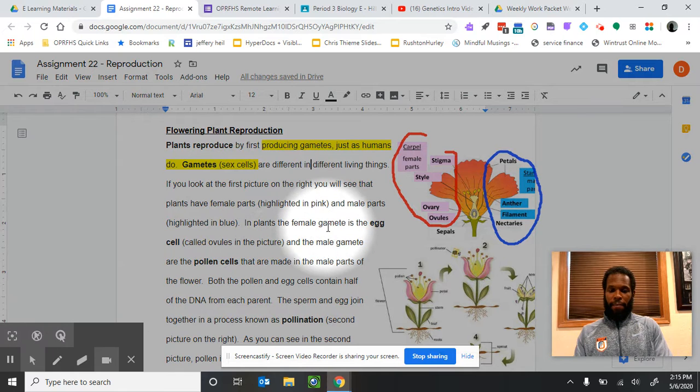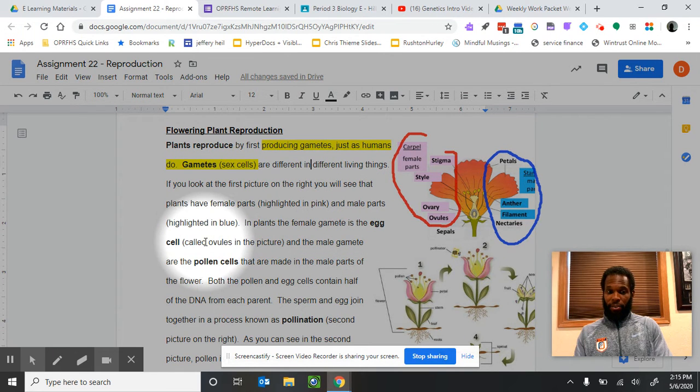In plants, the female gamete is the egg cells, which is called ovules in the picture. So let's find ovules right here. There's eggs in there. And the male gametes are pollen that are made in the male parts of the flower. So if we see here in the male parts, anther and filament, there's pollen here and the female parts down here.